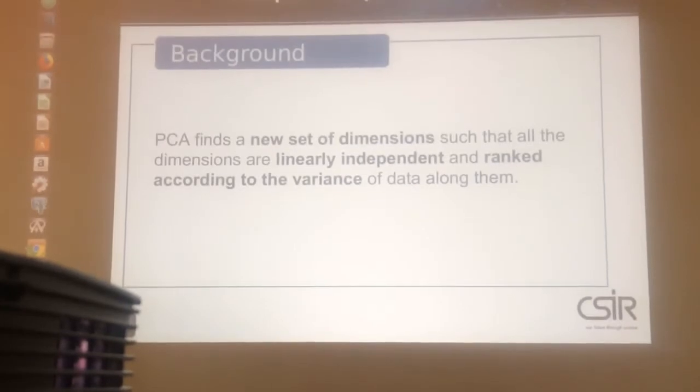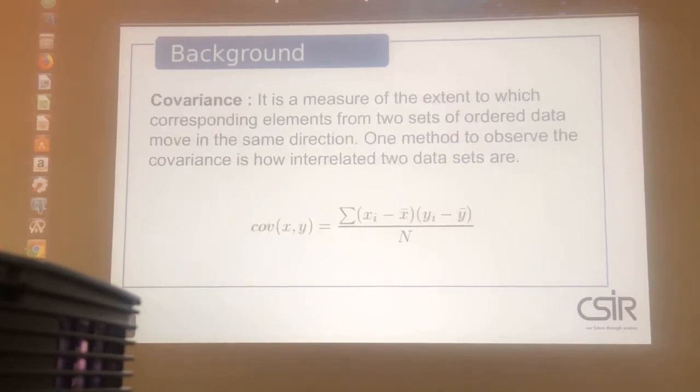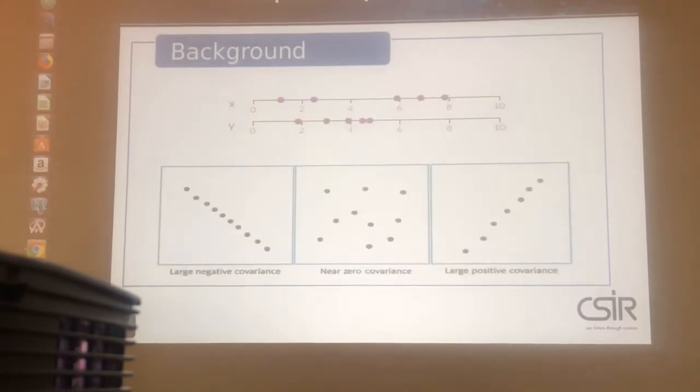And this is all based on linear dependence or linear independence and variance, right? So there's variance, so you all know what variance is now. Covariance is the same thing, but it's also taking into account the relationship between two different columns, okay?